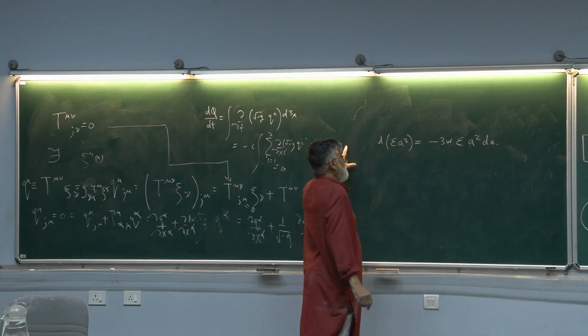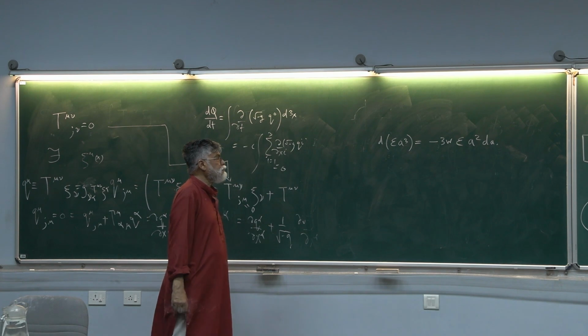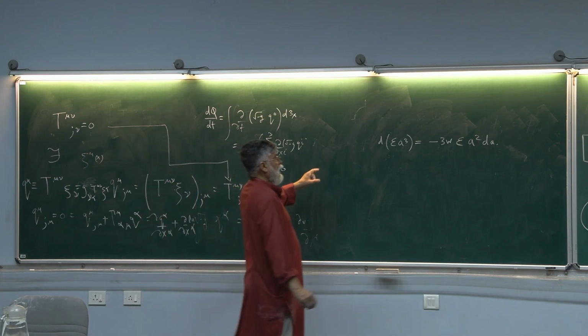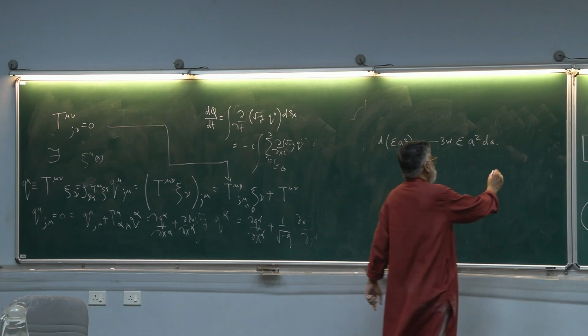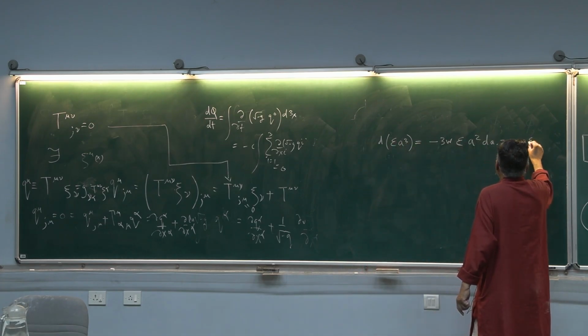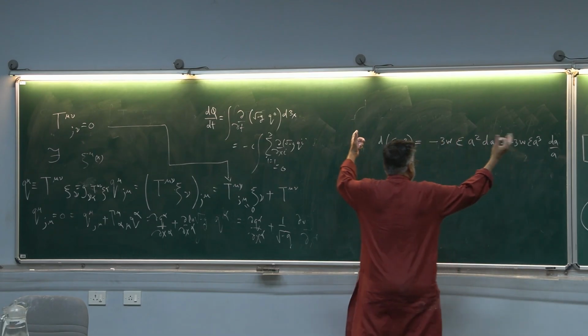And therefore, what I can do is, this is same as minus 3W energy density A cube dA by A. I just multiplied by 1/A. Why did I do that? Because I want to integrate both sides, right?